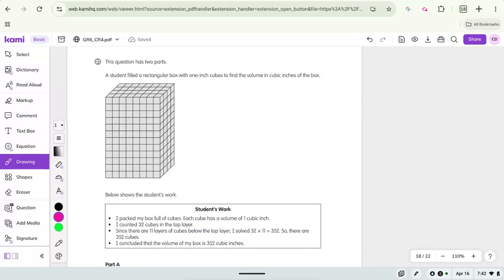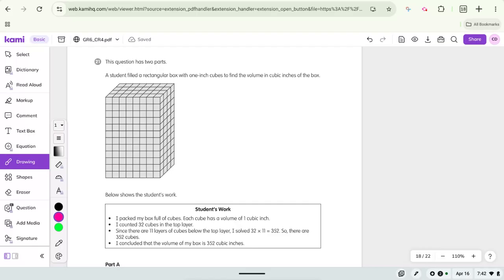Number 21, it says a student filled a rectangular box with 1-inch cubes to find the volume in cubic inches of the box. Below shows the student's work. I packed my box full of cubes. Each cube has a volume of 1 cubic inch.